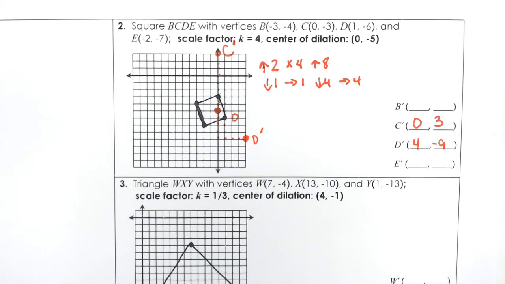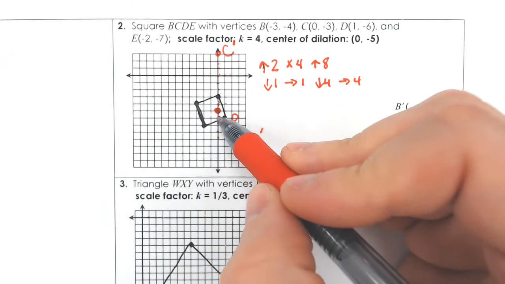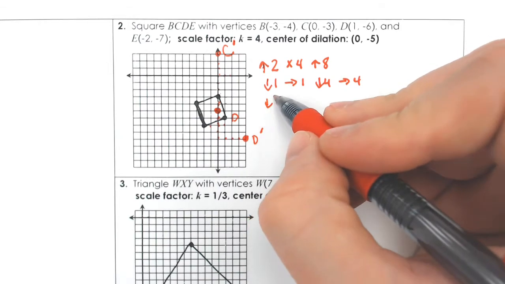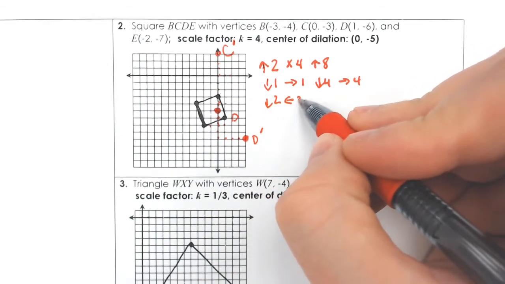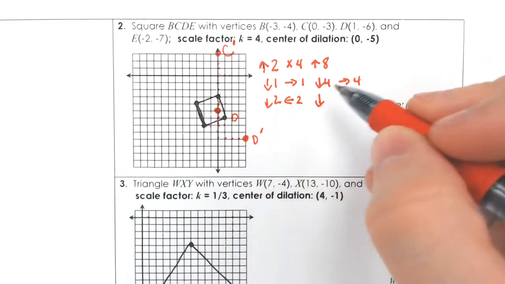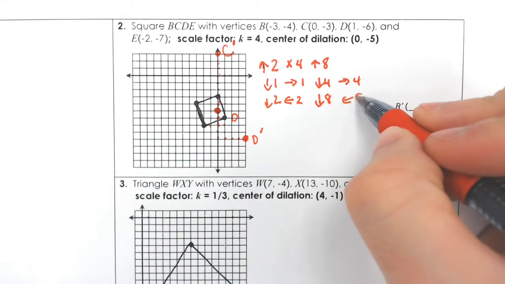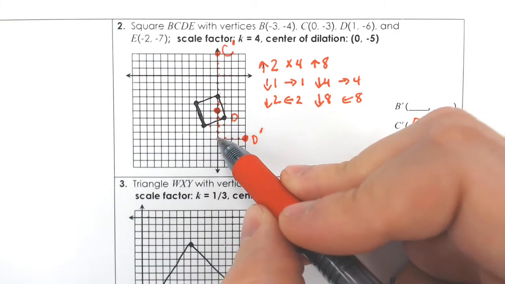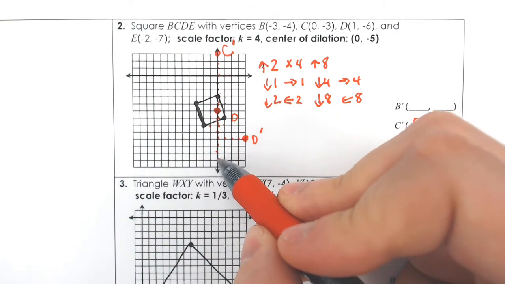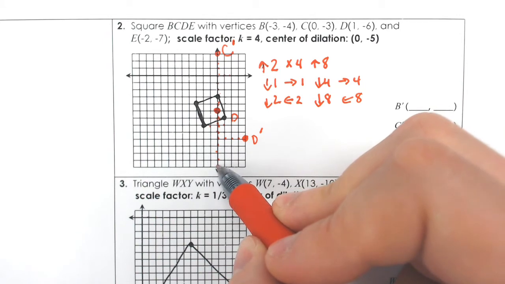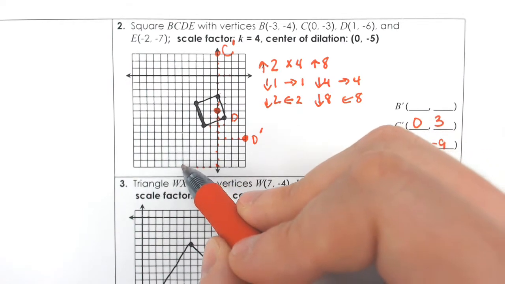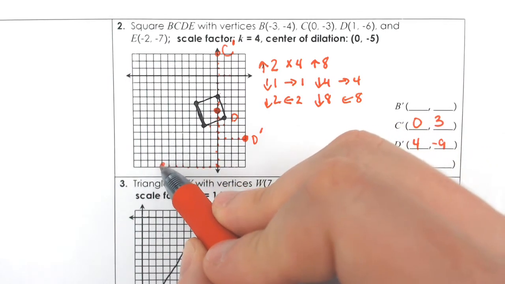A lot of counting. Next one, we went down by 2 and over by 2. So instead of going down by 2 and to the left by 2, I'm going to have to go down by 4 times 2, which is 8, and left by 8 as well. So down by 8 from the center of dilation, and to the left by 8 as well. 1, 2, 3, 4, 5, 6, 7, 8.